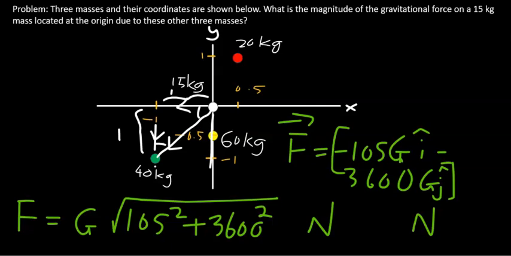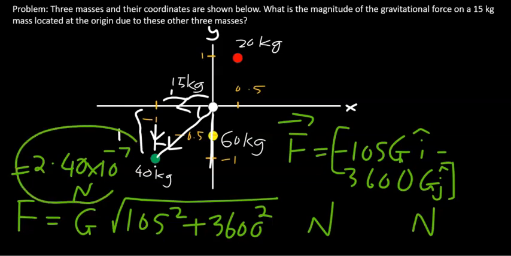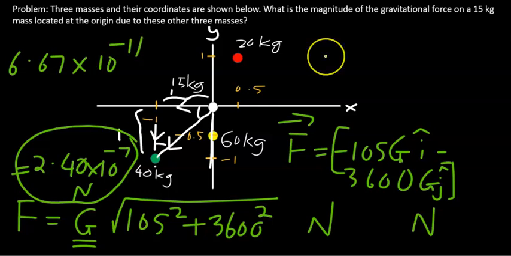And the answer is 2.40 times 10 to the power minus 7 newtons. And that solves the problem. Note, we have taken G to be 6.67 times 10 to the power minus 11. Thank you for watching.